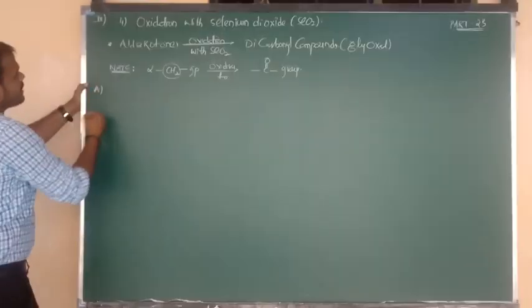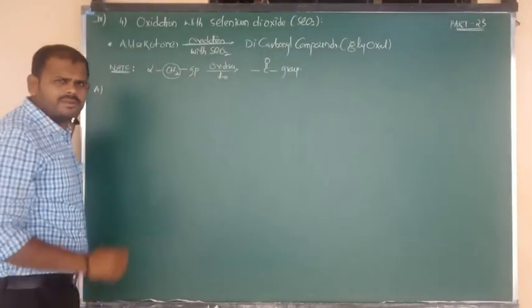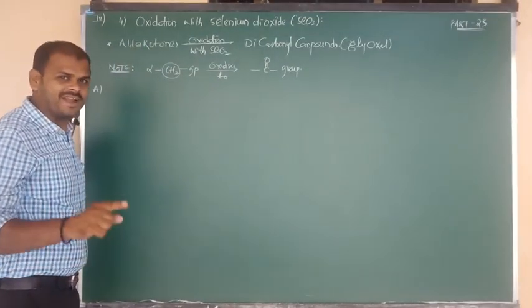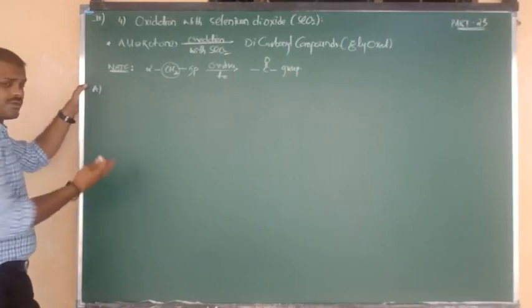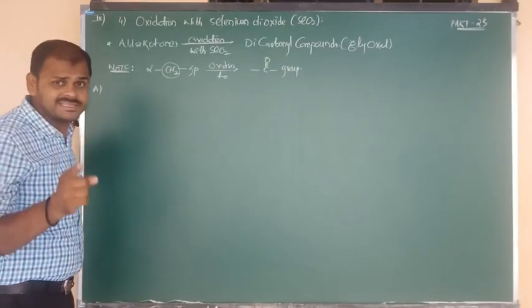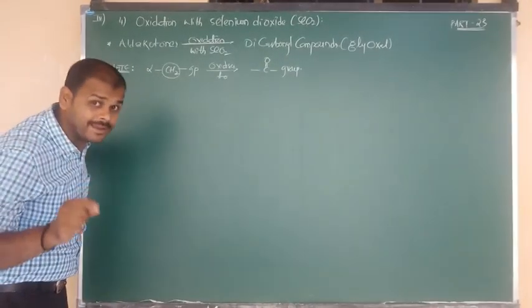Let me give one example by taking an aldehyde. The best example is acetaldehyde. The formula of acetaldehyde is CH3CHO.